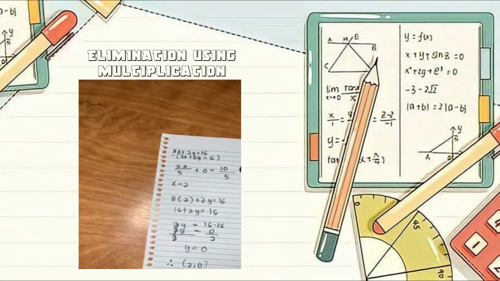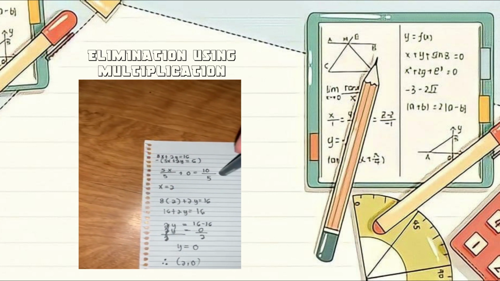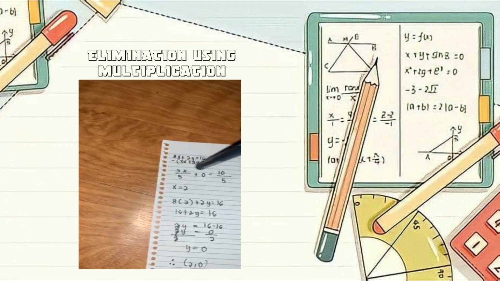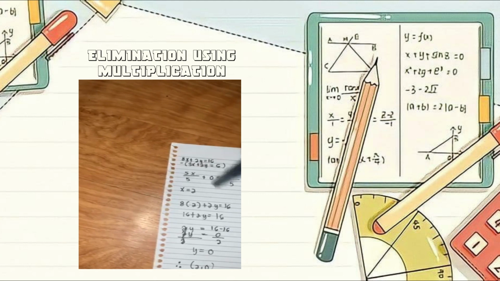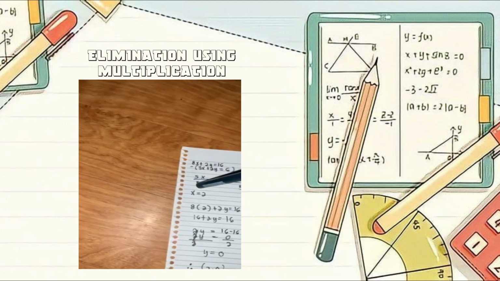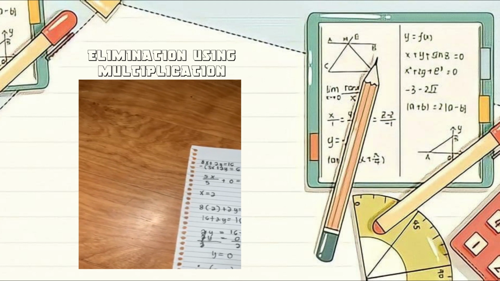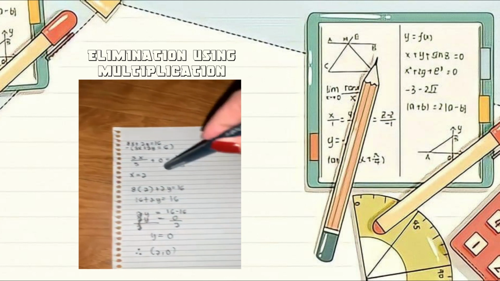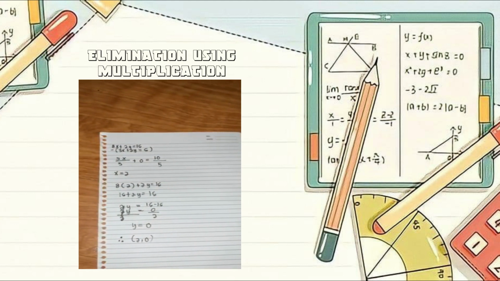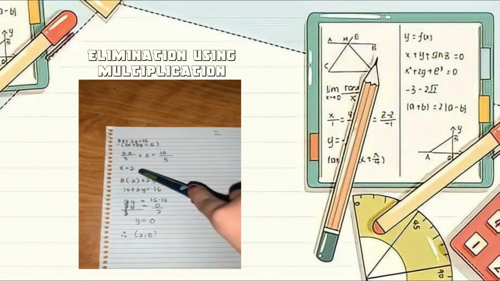Then next step, kailangan x lang ang matitira dito. So we have to divide both sides. So isi-simplify natin siya, ika-cancel natin ito. Then isi-simplify natin to. So ang matitira is yung x over 2. Then, the next is isa-substitute natin siya.